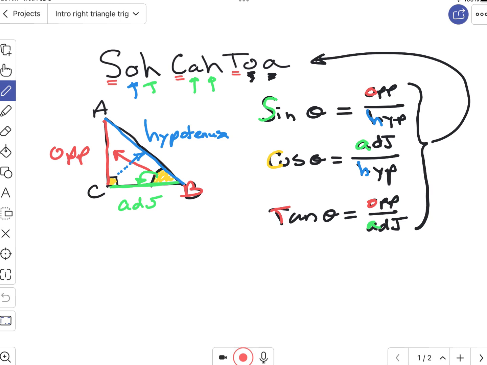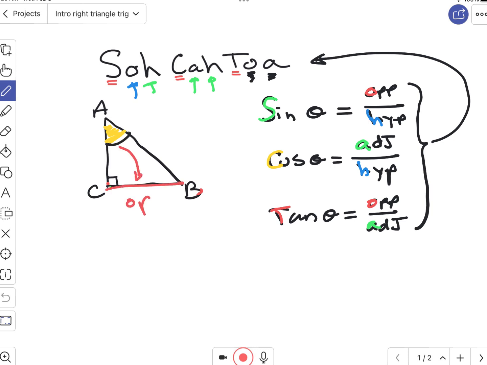Now, opposite and adjacent will change depending on which angle you're referring to. We referred to angle B. What if we do it again this time, but we refer to angle A? If we're referring to angle A this time, then isn't BC considered the opposite side of angle A?